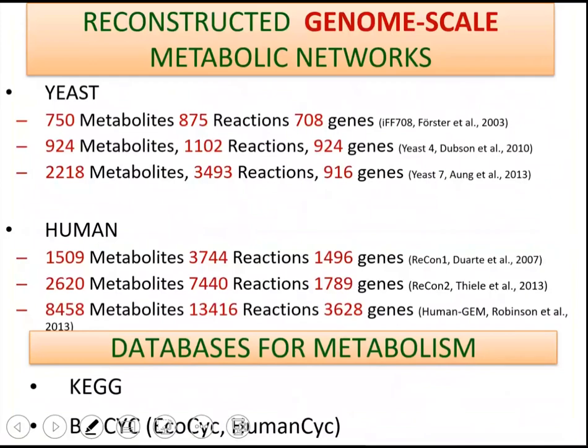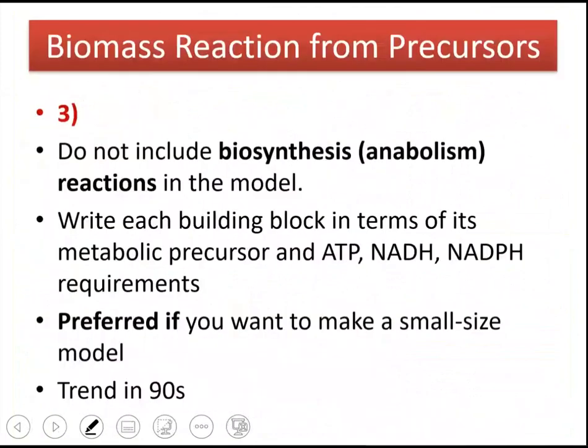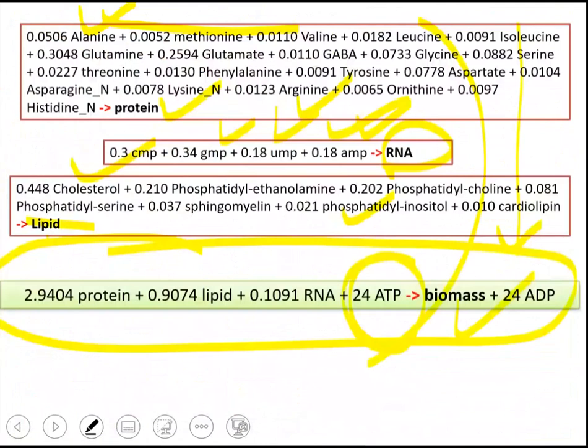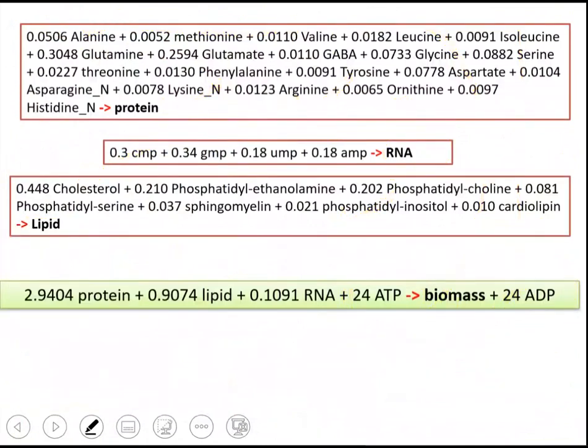Are they here? Let me see. No. So let me switch back to this slide to show you how you can write a single reaction rather than 4 reactions, for example. It's very easy.